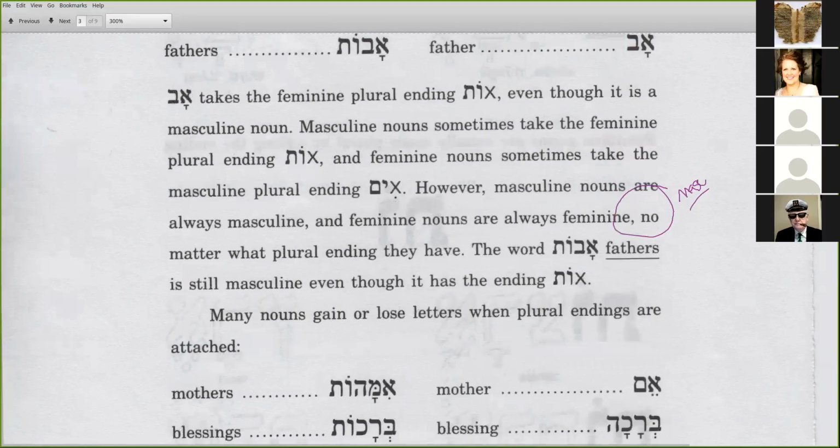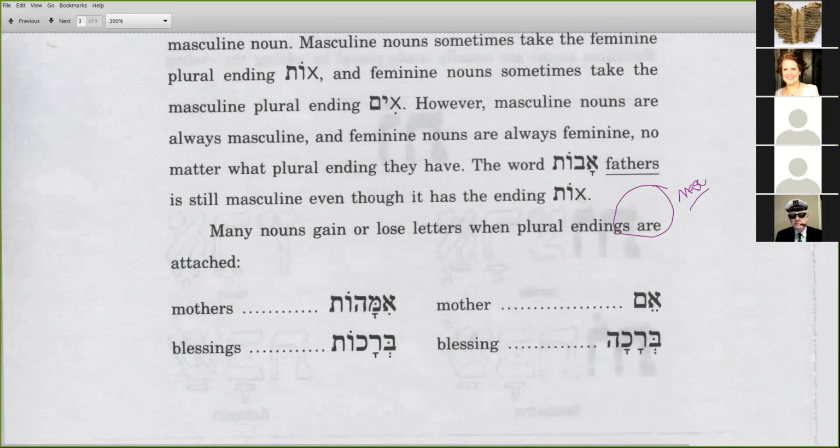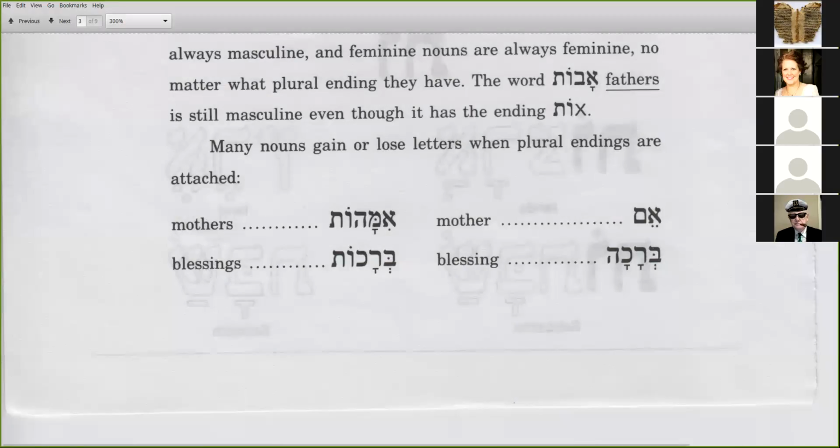Many nouns gain or lose letters when plural endings are attached. So let's look at this here. We have some examples. The word for mother, we've already gone over this, is aim. But notice what happens. We have the plural, mothers, imahot.